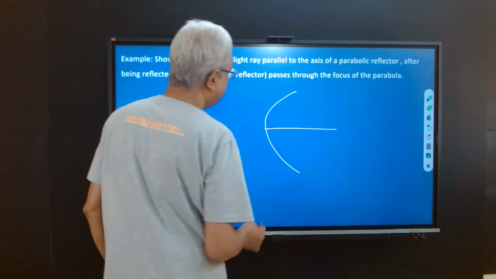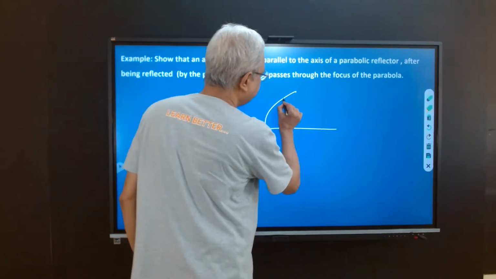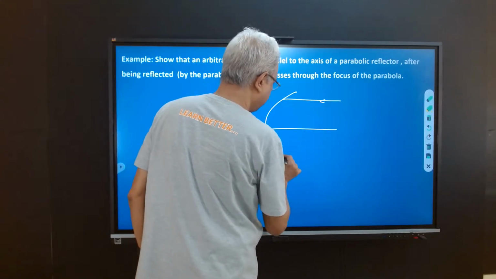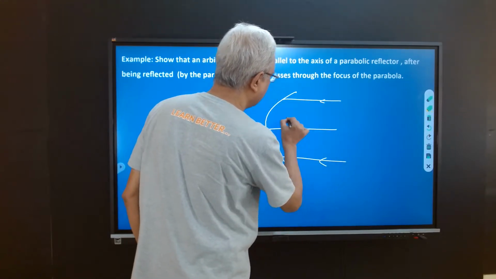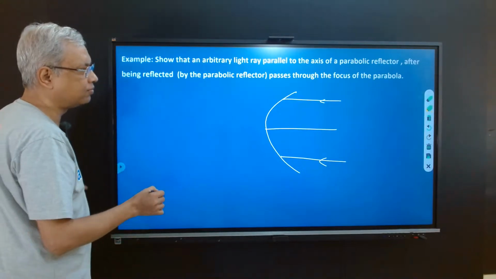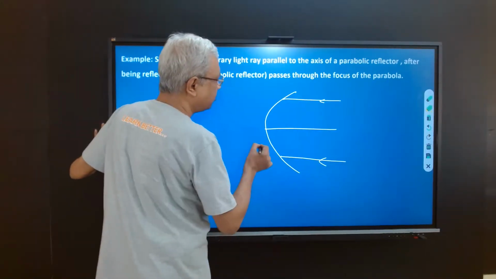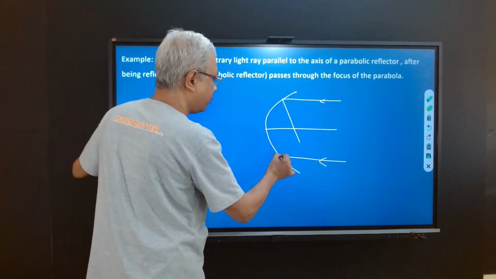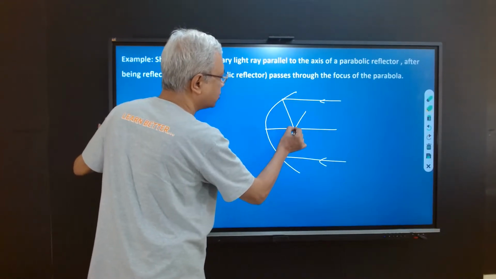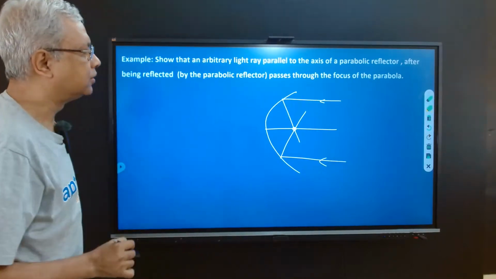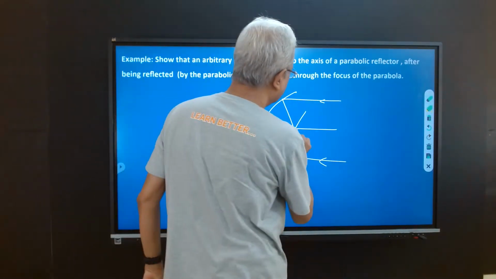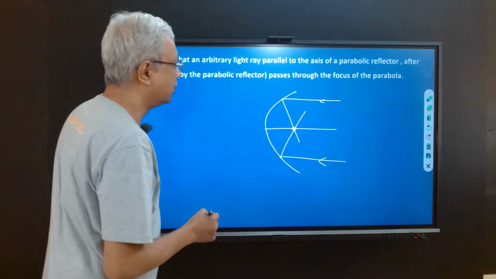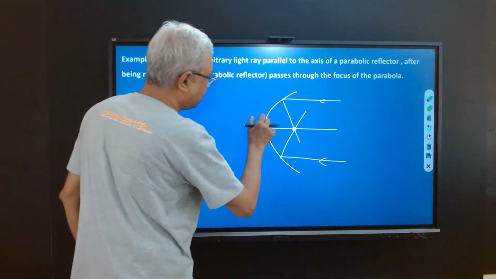So a parabolic reflector has a property: if rays of light or electromagnetic energy come parallel to the axis of the parabolic reflector, then after reflection, they all pass through the focus of the parabola. So this is a standard property.